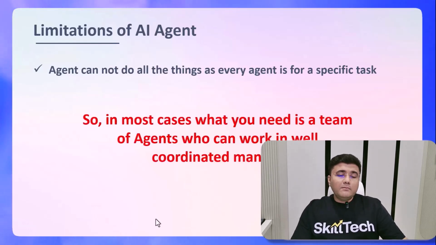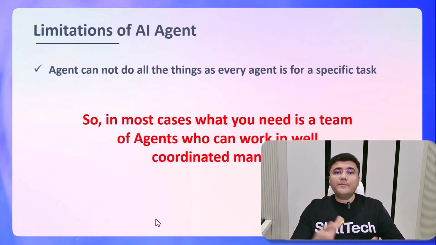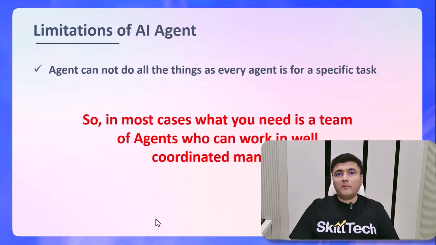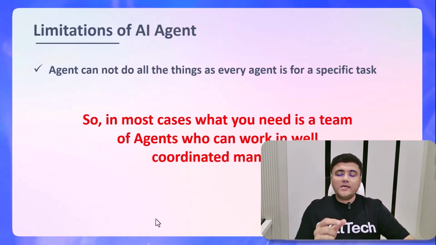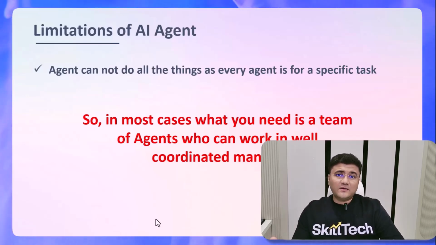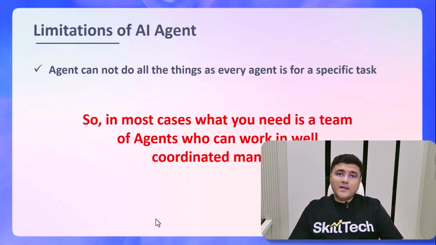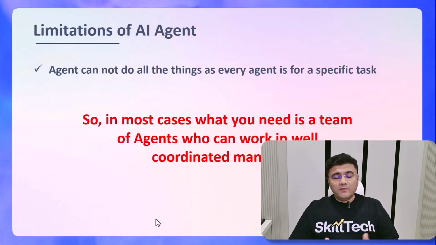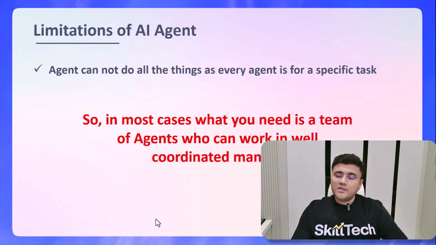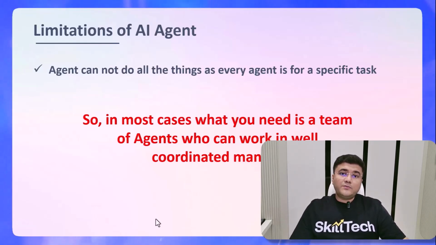In most cases, what you need is a team of agents who can work in a well-coordinated manner. When you talk about multi-agent, obviously each agent is going to be focusing on their own specific task. But that's not enough. We actually need a team. Like when you're running an organization, and you have a team of developers, team of designers, team of salespeople, team of administrators, there is not one single person who's going to take care of everything single-handedly. So you need a team of professionals.